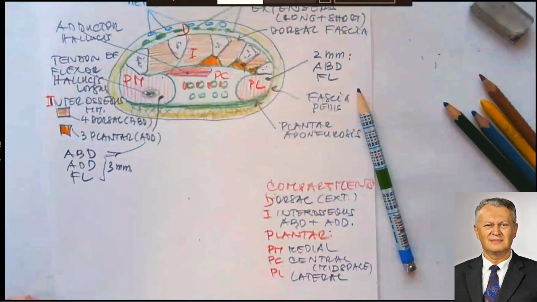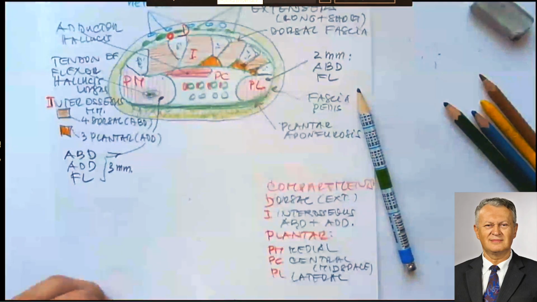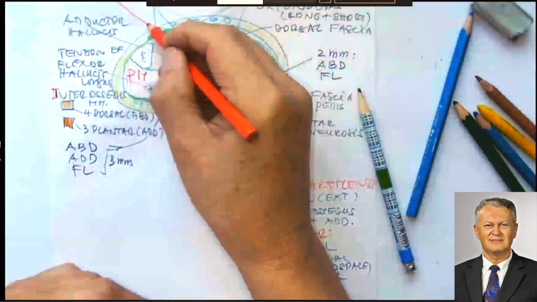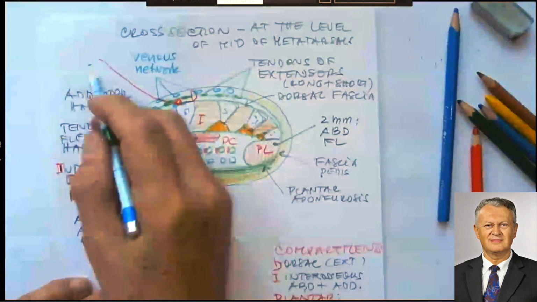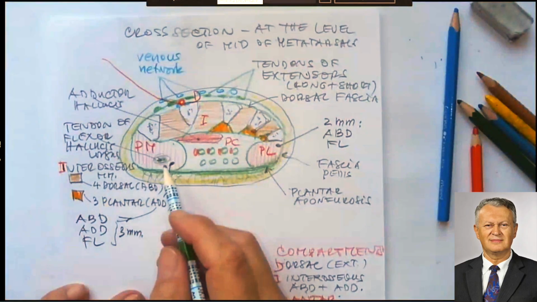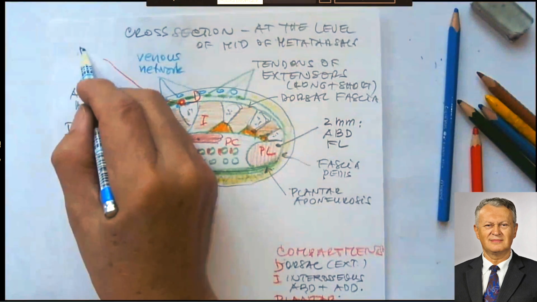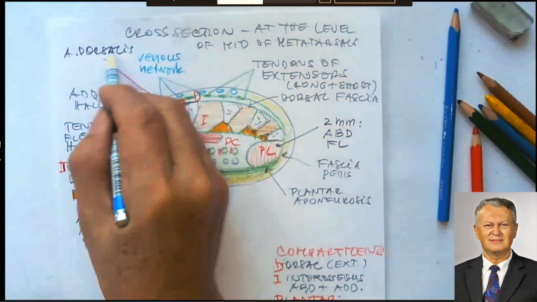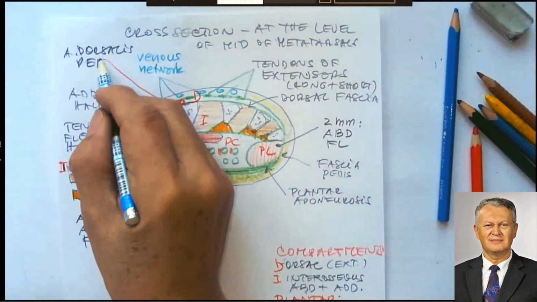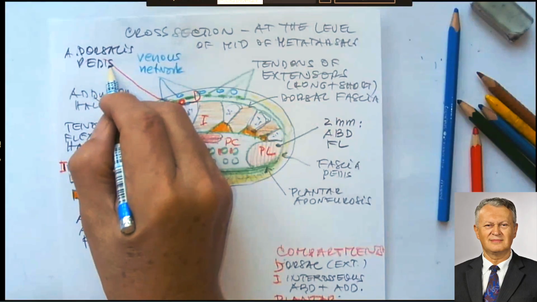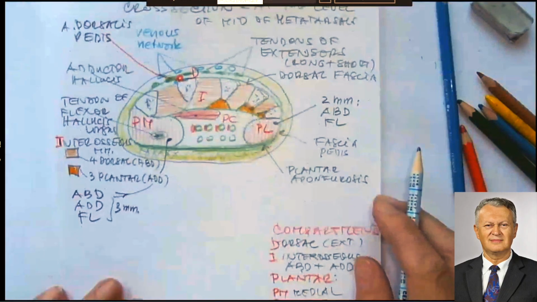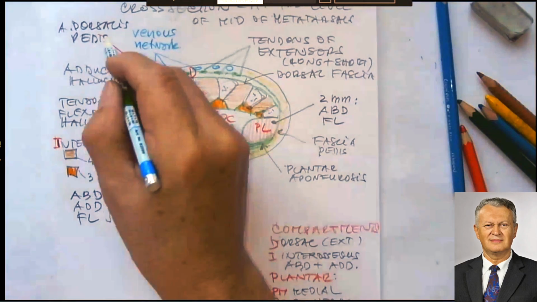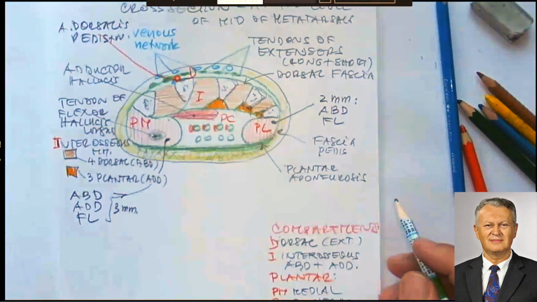And finally, don't forget to place here also the artery with two accompanying veins, which is the dorsal artery, arteria dorsalis pedis, plus veins.